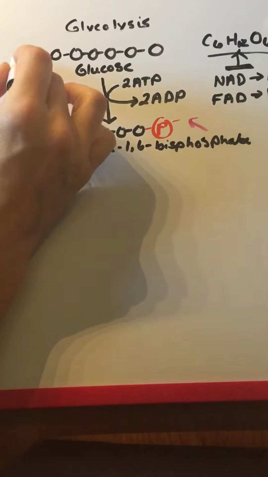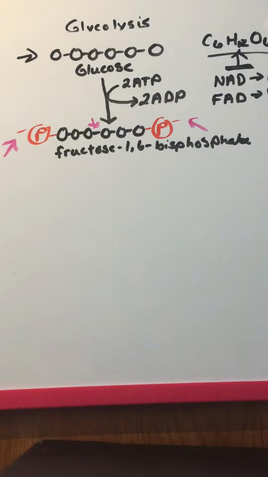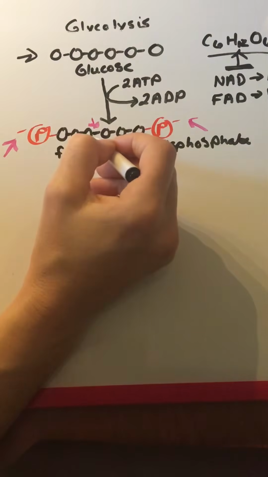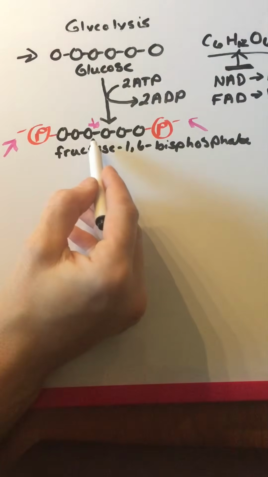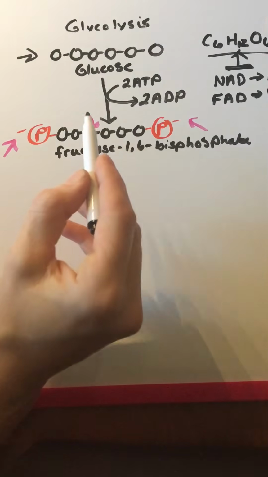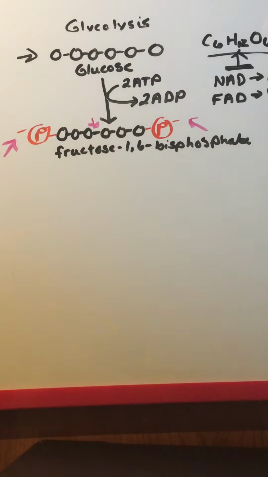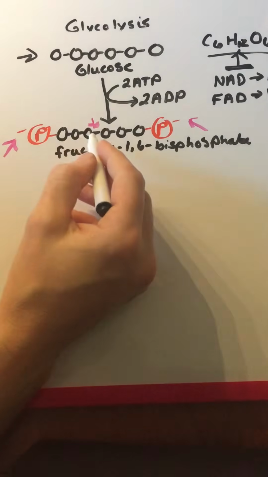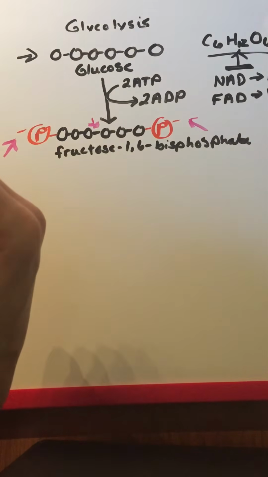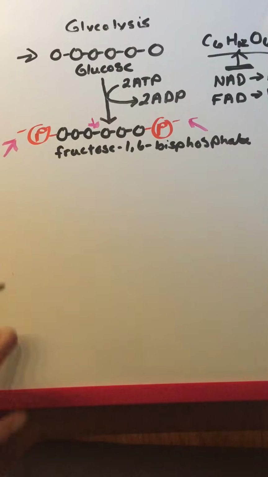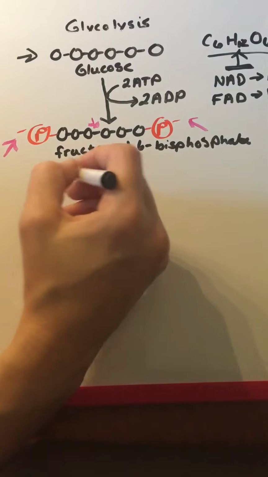A glucose molecule itself is an extremely stable molecule. We're not going to be able to go in with an enzyme and simply split that thing into 2 3-carbon molecules and move on. We are investing this energy so that we are purposely making this middle bond between these 2 carbons a weaker bond, so that the next enzyme can take this molecule, this fructose 1,6-bisphosphate, and lyse it into 2 different 3-carbon molecules.